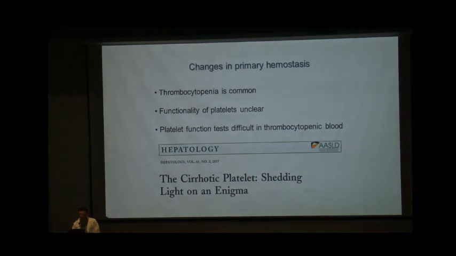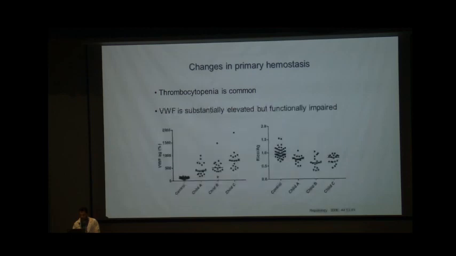The changes in primary hemostasis: thrombocytopenia is common in patients with cirrhosis. The functionality of platelets is unclear. Platelet function tests are difficult in thrombocytopenia. The thrombocytopenia, as I said, is common. There is elevation in the von Willebrand factor.